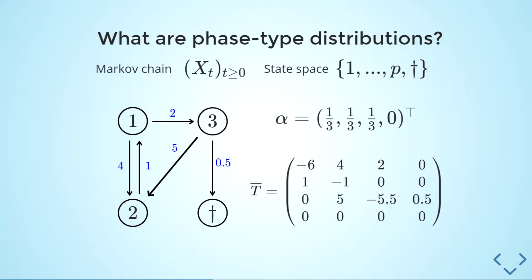So if you have, say, a continuous time Markov chain, your chain is moving between states 1, 2, 3, and this dagger is the terminating state. It bounces around and you count how long it takes to hit that terminating state, and that is one instance of the phase type random variable.